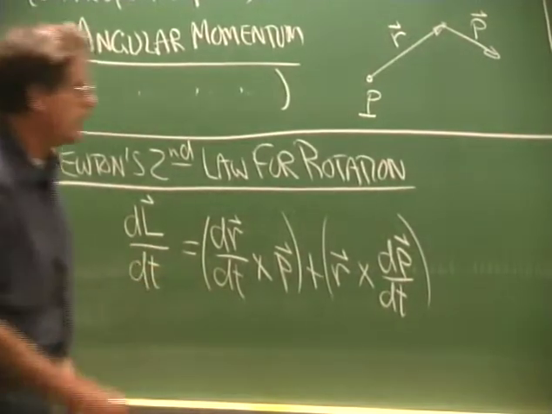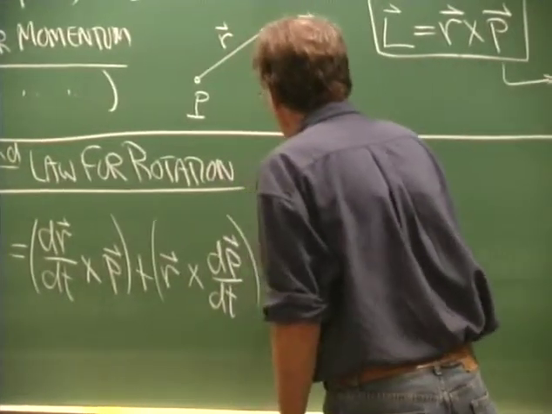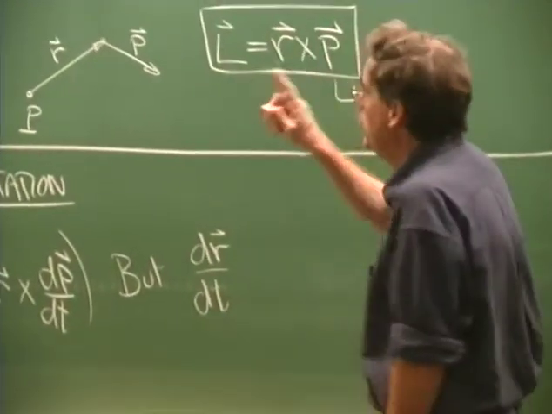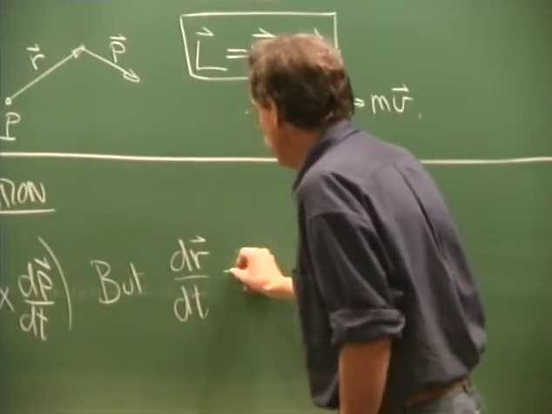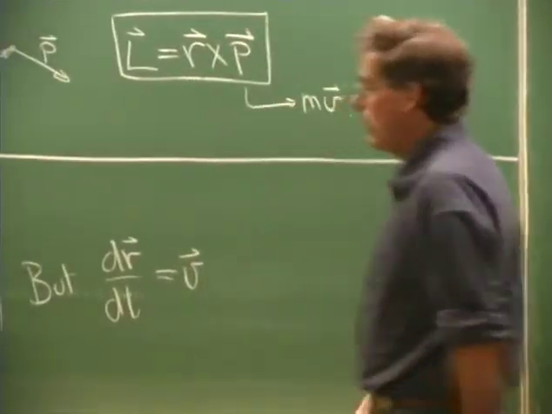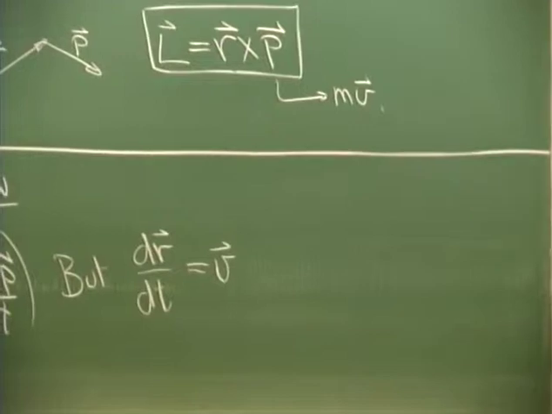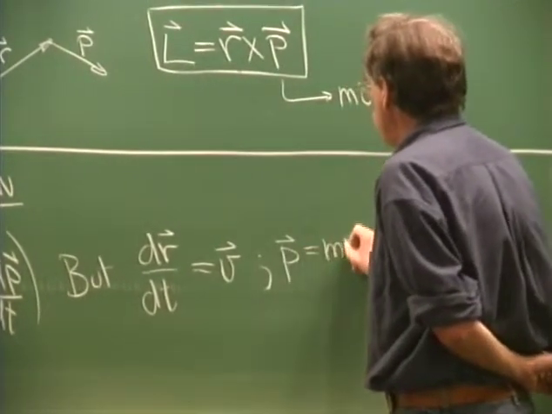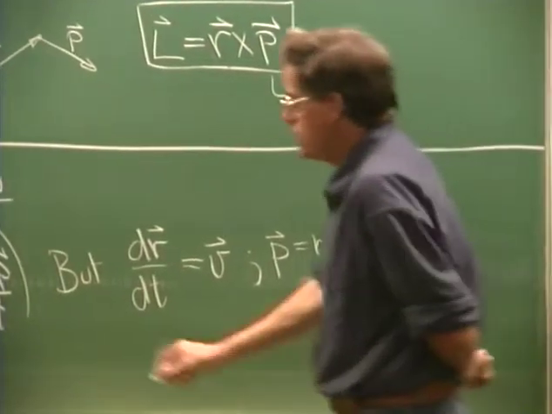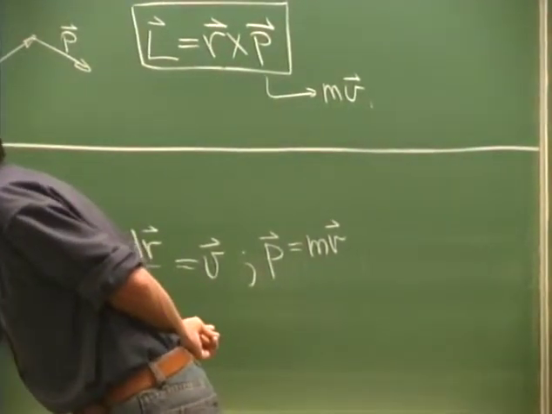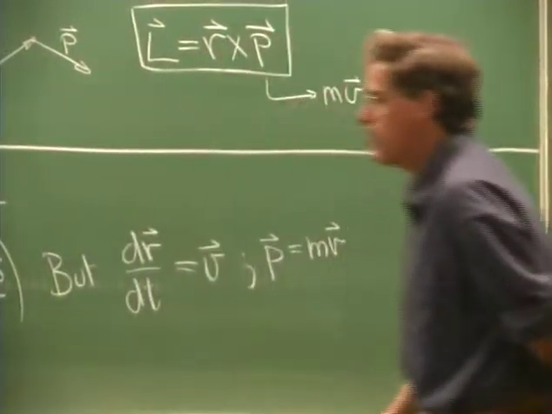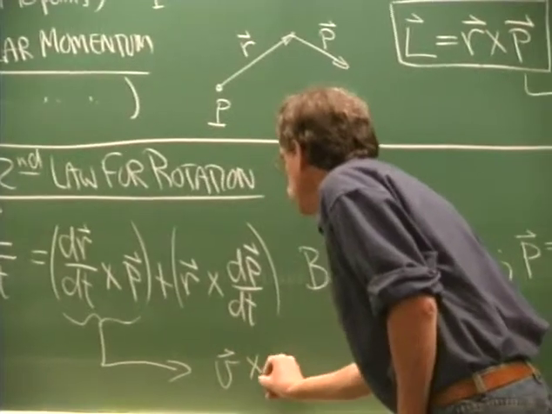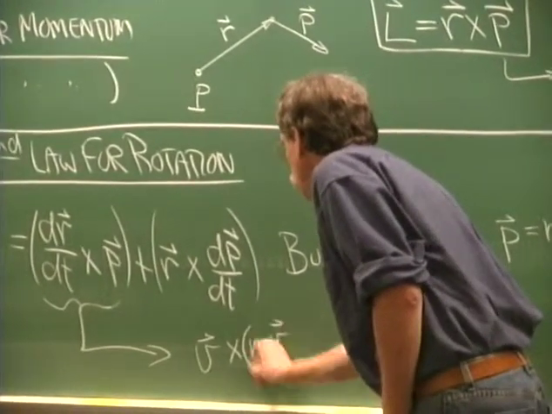What, on the other hand, is dr by dt? That's the rate of change of the position. That's nothing but the velocity of this object. And p, the momentum, is mass times velocity, of course. So let's look at the first term here. dr by dt cross p is nothing but v cross mv.